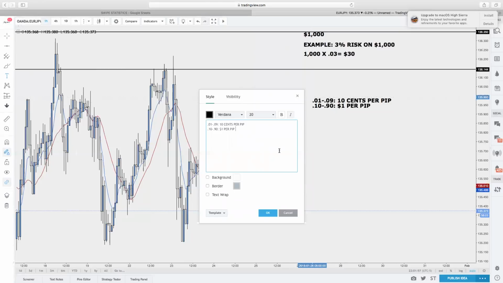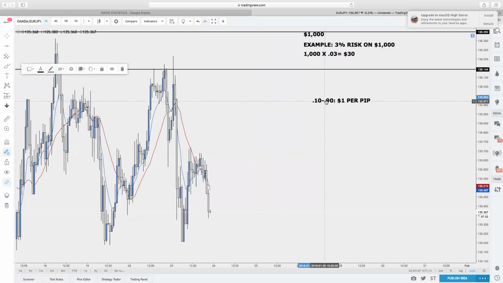What range would we have to be in if we have a 20 pip stop loss and are going to risk $30? Obviously, the 0.10 to 0.90 range. So if we have 20 pips to risk, all we have to do is take 30, so we have $30 to lose.